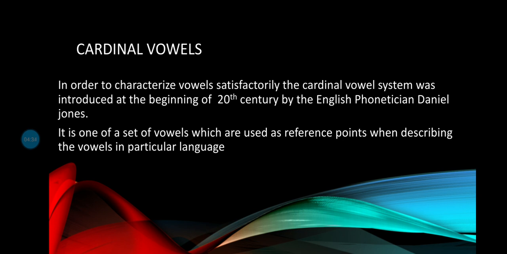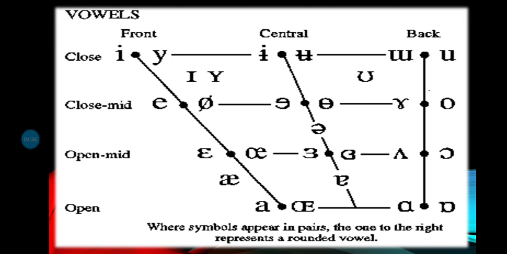Here we have the cardinal vowels: front, central, and back. In English or in any language, we have vowels which could be pronounced at the front. We are talking in terms of the tongue, the pronunciation.